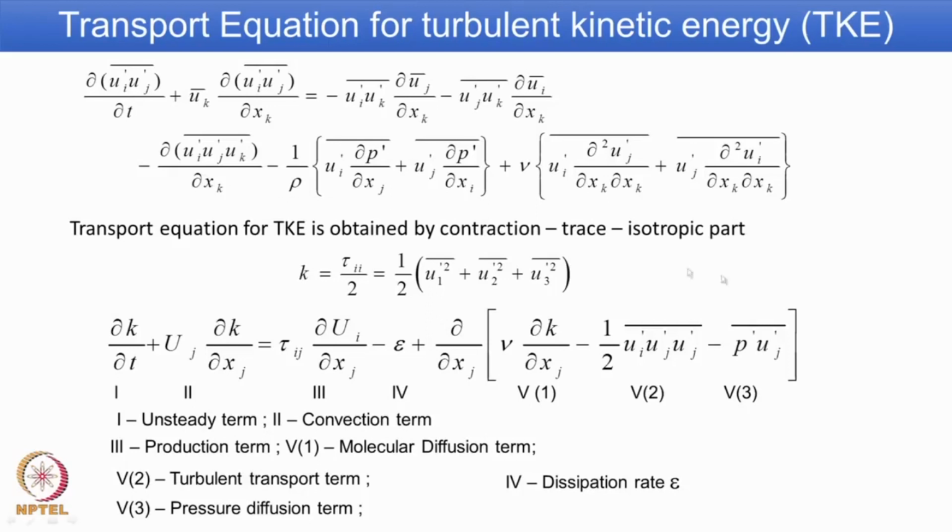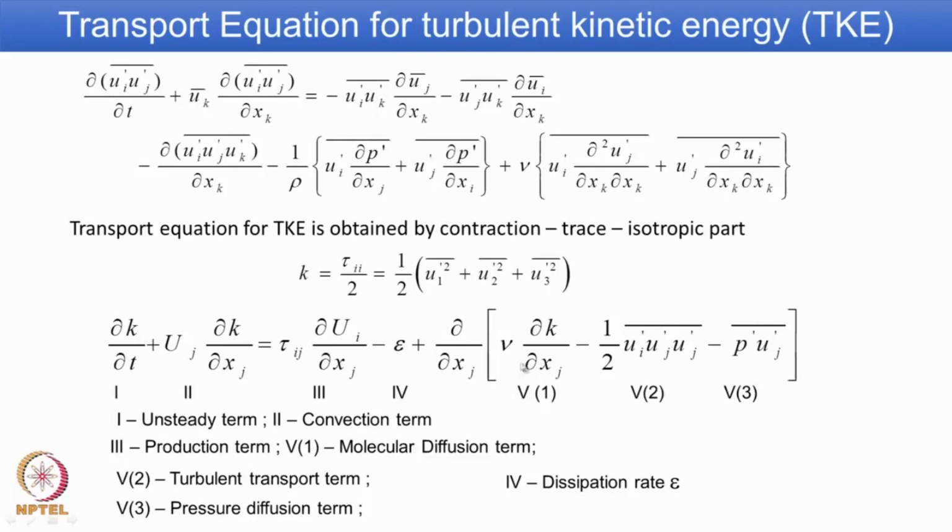It is shown here. This is a transport equation for turbulent kinetic energy. Again, we try to understand each term. The first term is a time derivative term, the second term is a convection term. These two terms are on the left side. On the right side, you have the first term, what is known as the production term, the fourth term is the dissipation term, and there are 3 terms in the fifth term.